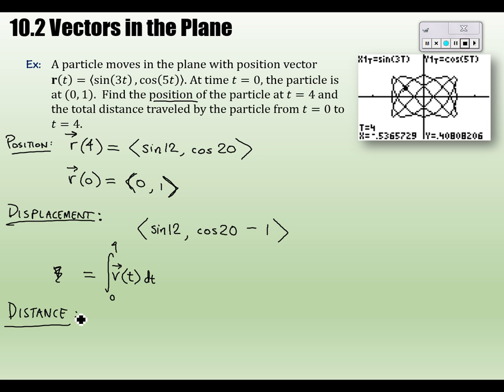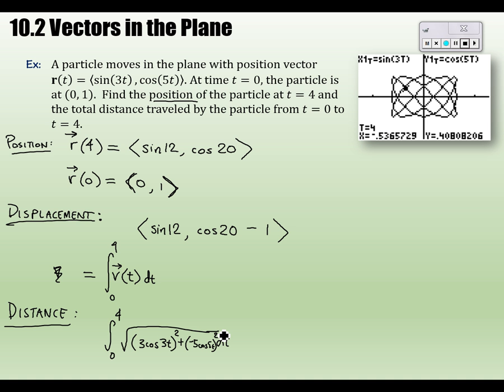All right. So how do we find the distance? That we need the velocity for, don't we? So we're going to integrate from 0 to 4 the arc length formula for this, dt. What do we need in here? 3 cosine 3t squared plus negative 5 cosine 5t squared.